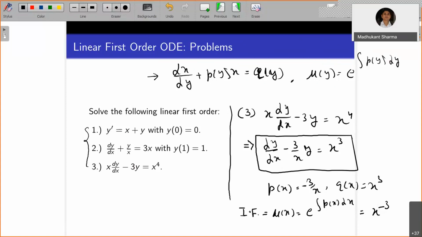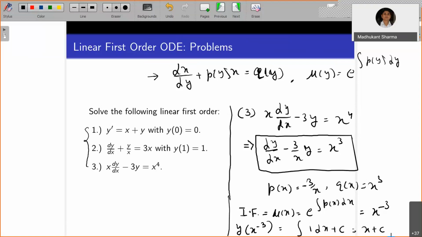The final solution is y times the integrating factor, x to the power minus 3, equals the integration of q, which is x cubed, times the integrating factor x to the power minus 3. That's going to be 1 dx plus c, so that's going to be x plus c.